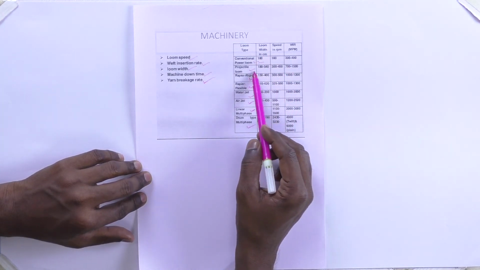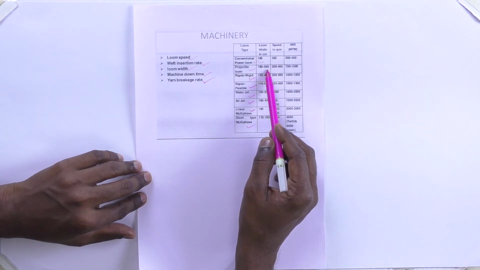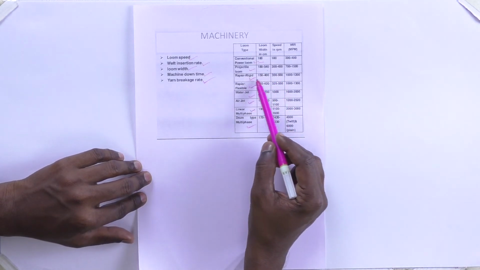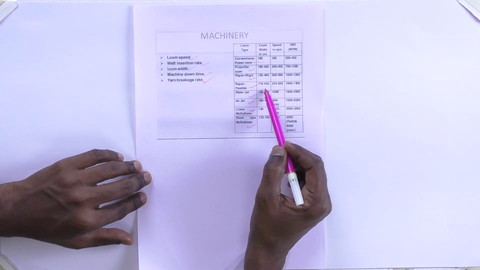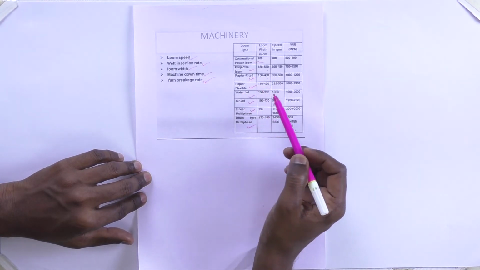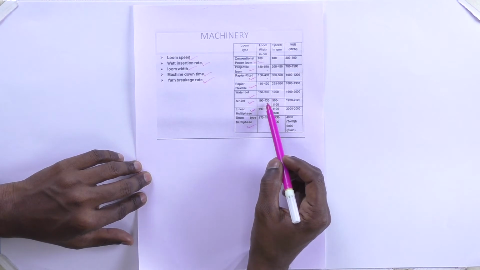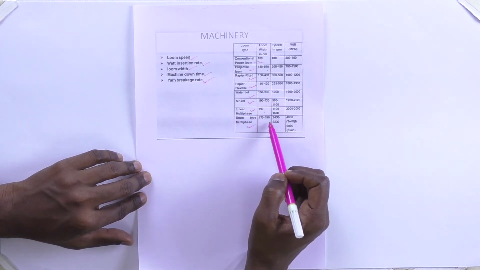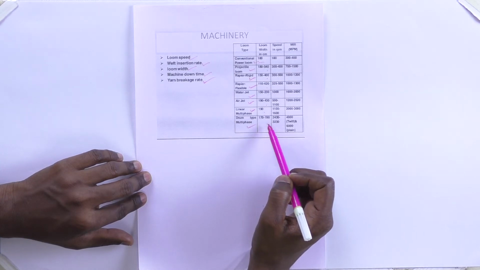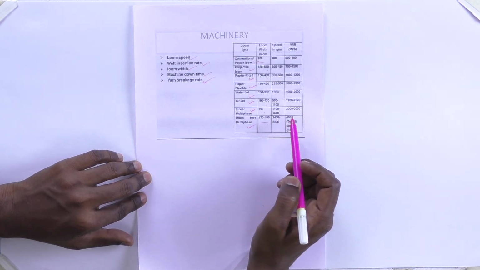Projectile loom can go up to 540 centimeter. Rigid rapier may go up to 400 centimeter, rapier loom up to 420, water jet loom only 230, air jet loom 430, multi-phase loom 190. Drum type also is possible up to 190 centimeter loom width.